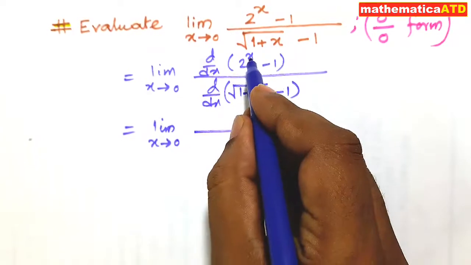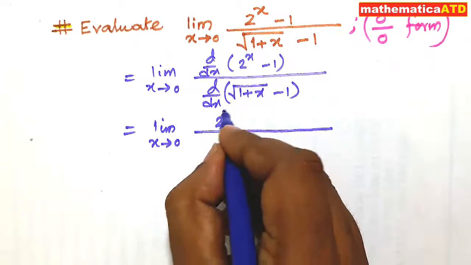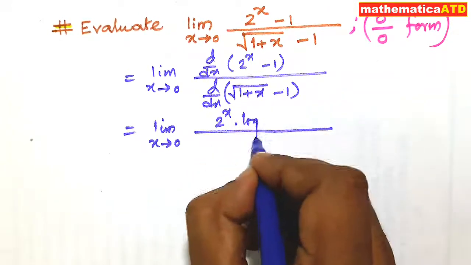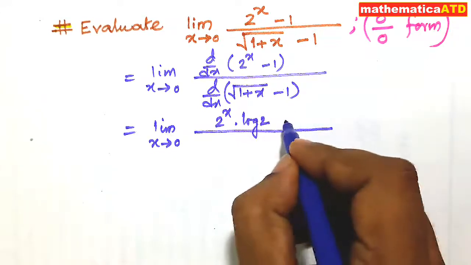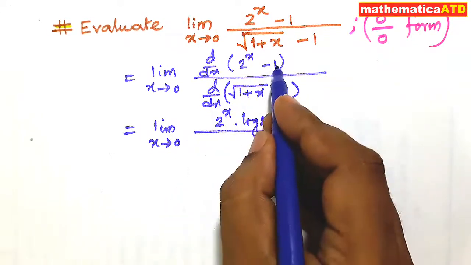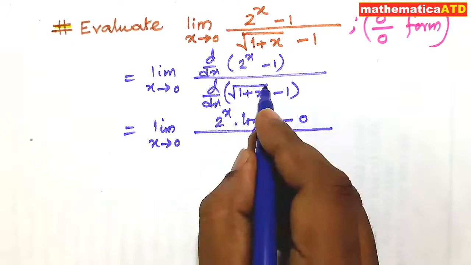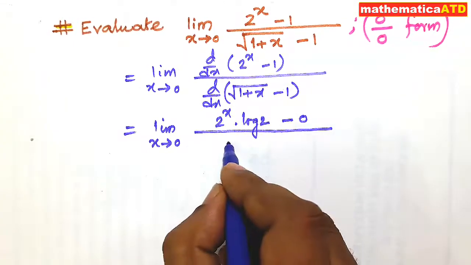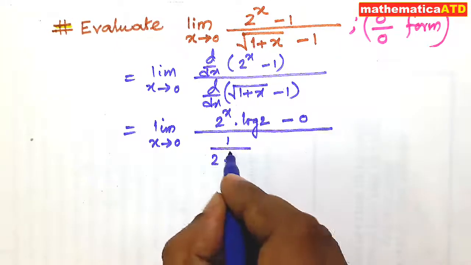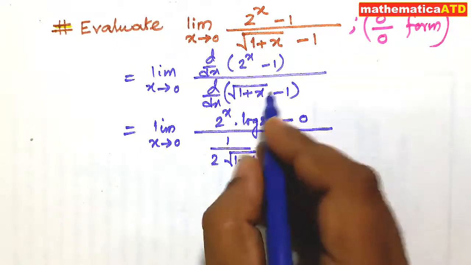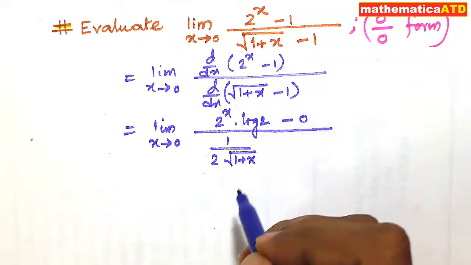What is the derivative of 2 to the power x? This is 2 to the power x into log of 2 base e, minus 0, the derivative of 1, that is the constant, is equal to 0, and the derivative of root over 1 plus x is 1 by 2 root over 1 plus x into the derivative of 1 plus x, that is equal to 1.